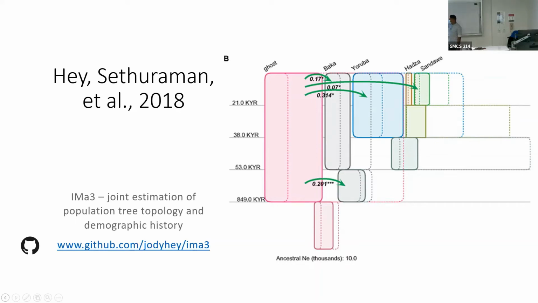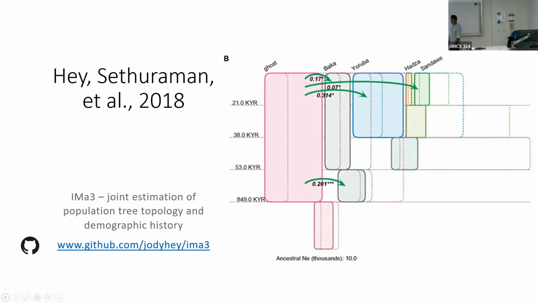And then about 50,000 years ago, which is more on the timeline of when anatomically modern humans were thriving, the Baka population split off from this common ancestral population. Then the Yoruba population split off about 40,000 years ago. And the Hadza and Sandawe populations split off from each other about 20,000 years ago.